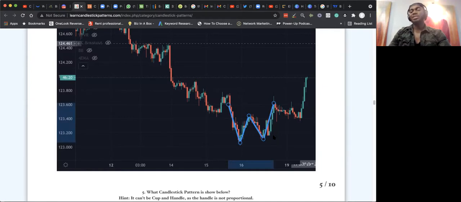Once you've practiced, you know what the pattern looks like. It's best for beginners to pick one pattern and look for that particular pattern in multiple charts. Get used to spotting it before you move on to the next, because there are a lot of patterns out there, and it doesn't make any sense to try to memorize all of them.